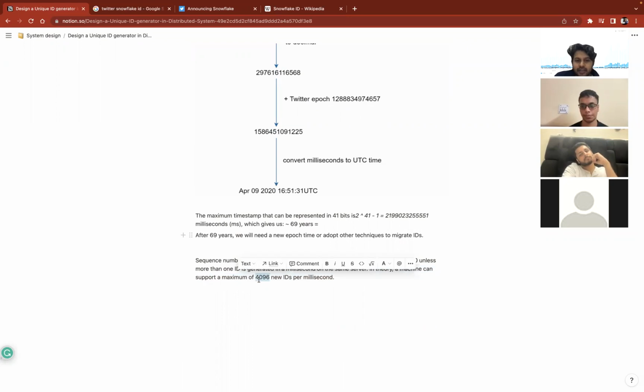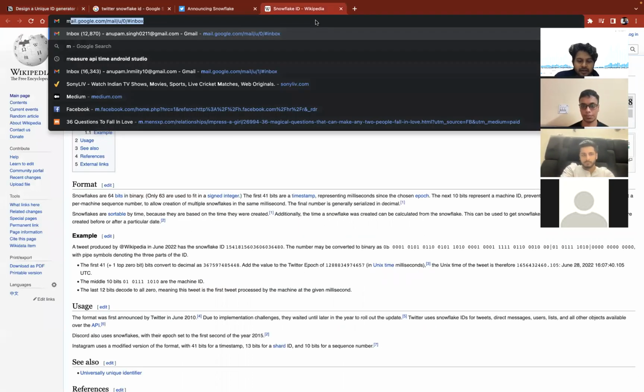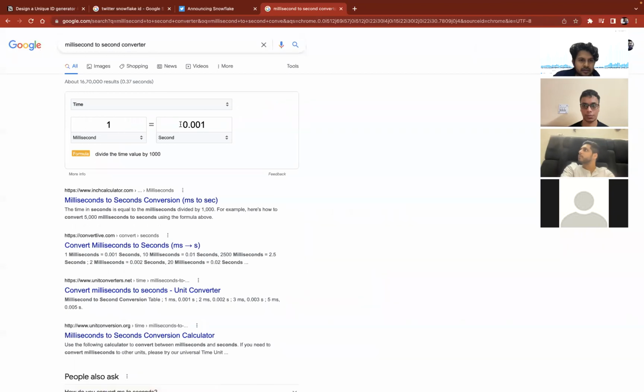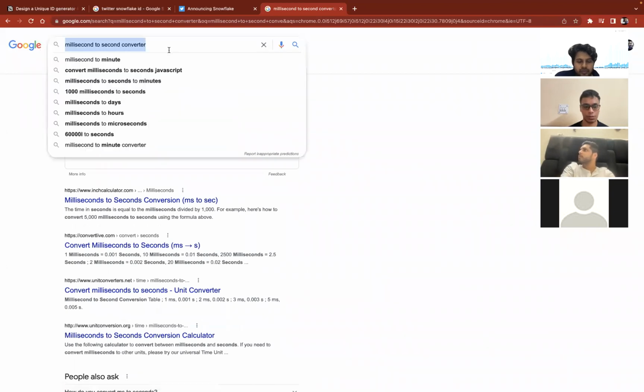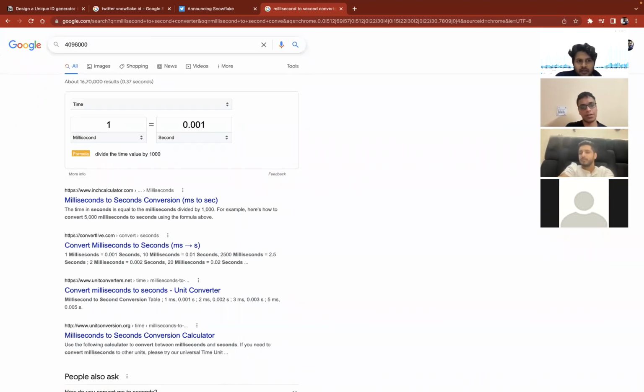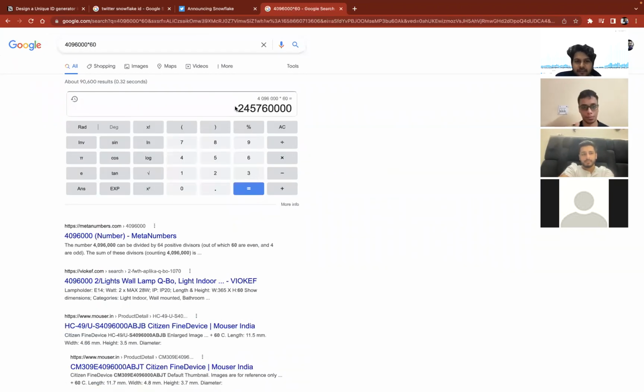Imagine 4096 in every millisecond, converting milliseconds to seconds, multiplying by 10 to the power 3, it comes to around 41 lakhs per second, and multiplied by 60 around 24 crore operations per minute, for every single machine.